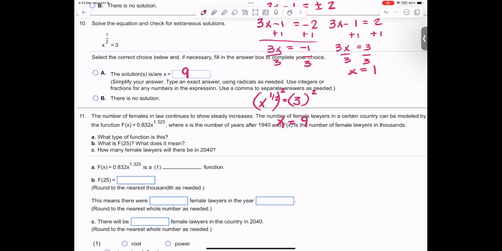The number of female lawyers in a certain country can be modeled by the function f of x equals 0.832 times x to the 1.325, where x is the number of years after 1940 and f of x is the number of female lawyers in thousands. What type of function is this?